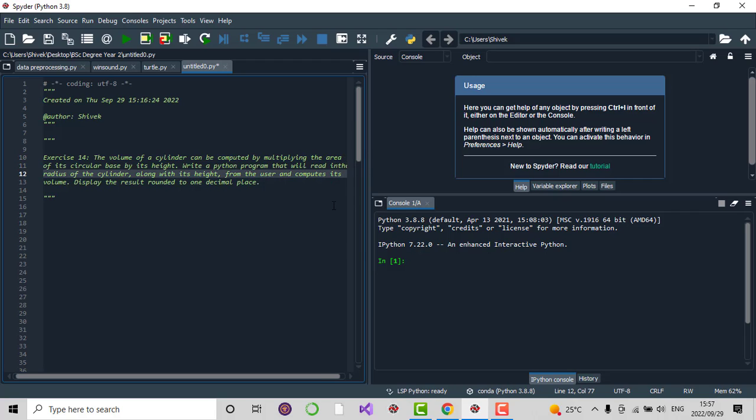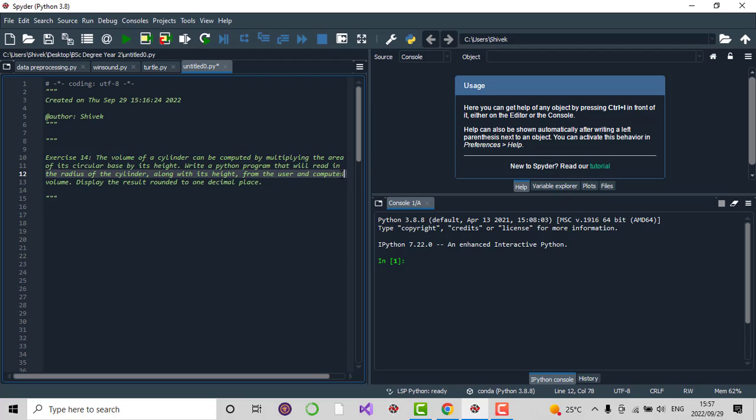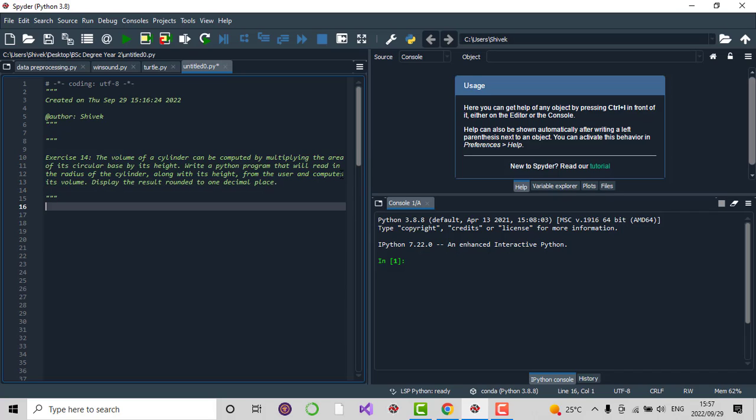Okay, this program, guys, is quite similar to the previous one that we worked with. The previous one, which was exercise 13, if you've been following along in this tutorial series, we computed the volume and area of a sphere and circle respectively.